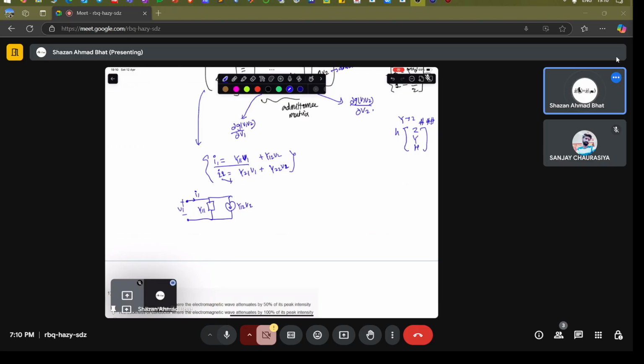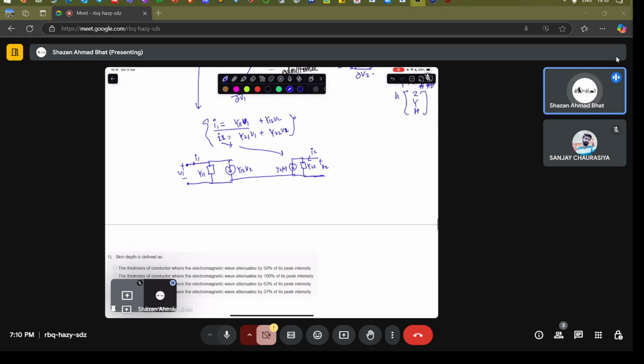On the other side you have I2, with V2, and another admittance Y22, and another current source which should be Y21 times V1, and then you can connect these two. This is basically the equivalent small signal model.